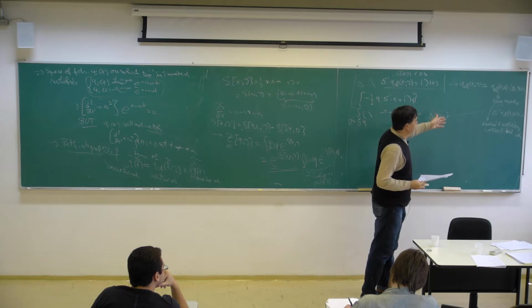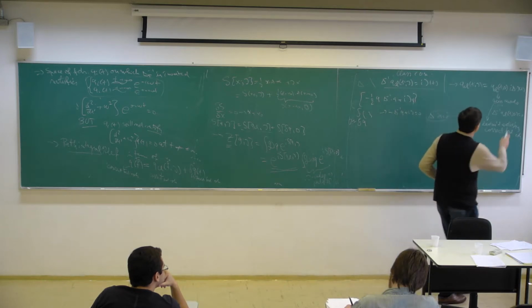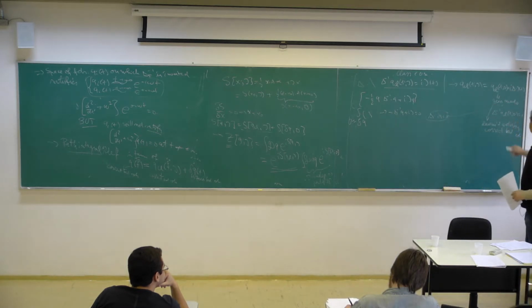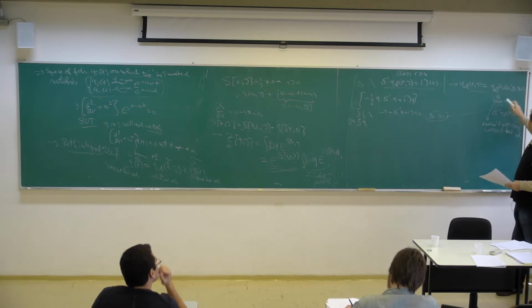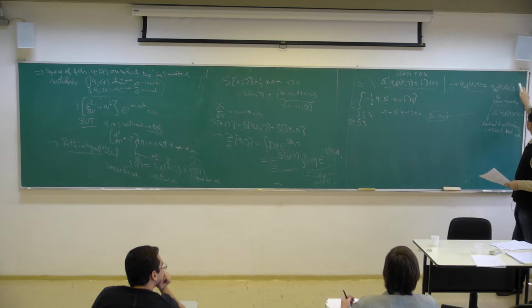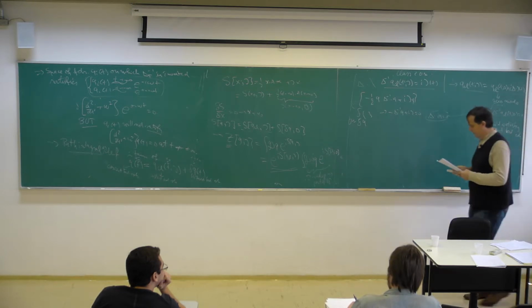But that's fine. The point is, this thing satisfies the boundary conditions of this thing. So this one has the wrong boundary condition, but this has the right boundary conditions.